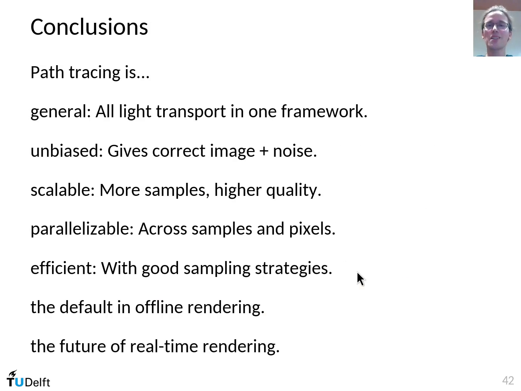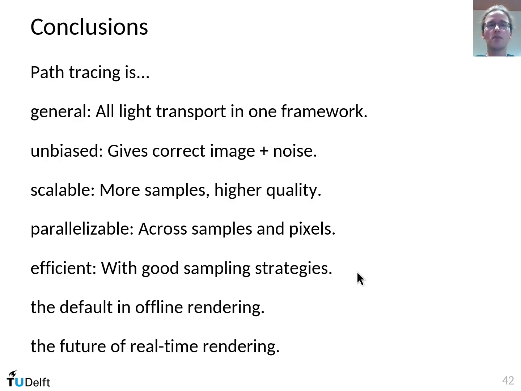Now to conclude, let's think about what we have gotten here. What is path tracing? Path tracing is a general framework that can handle all light transport. It's unbiased, which means that if we let it converge, we get the correct image, and in general we get the correct image plus some noise. So the errors of path tracing are very predictable.